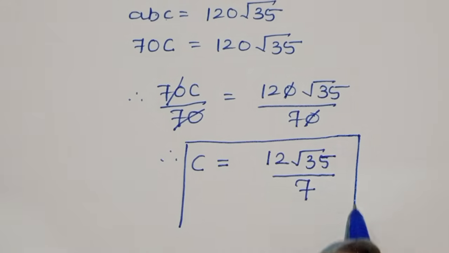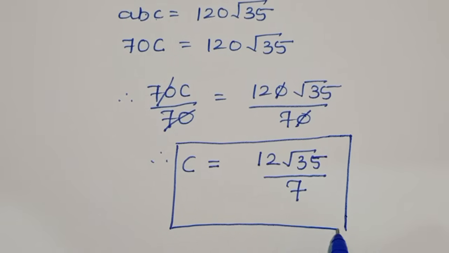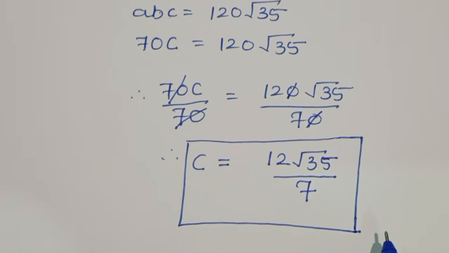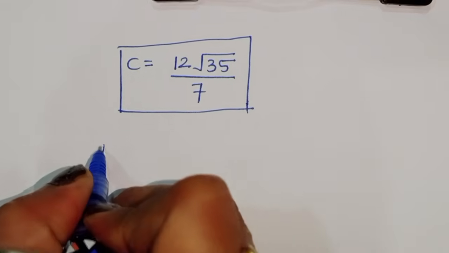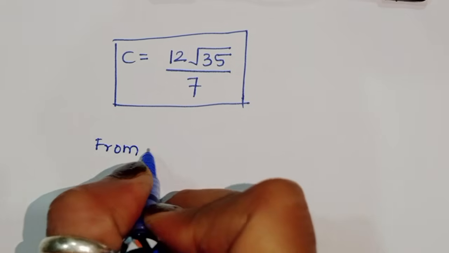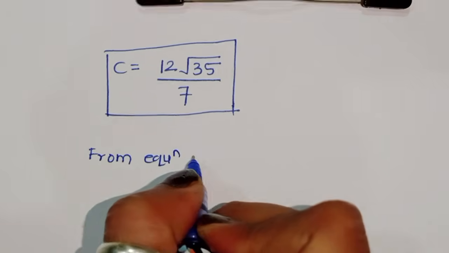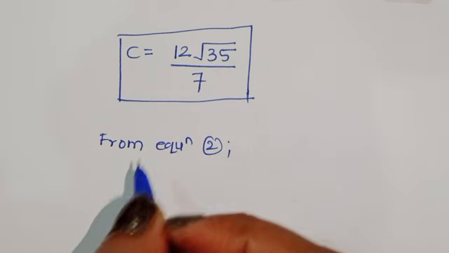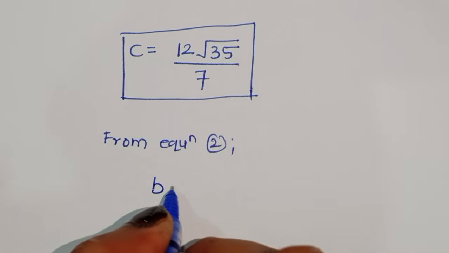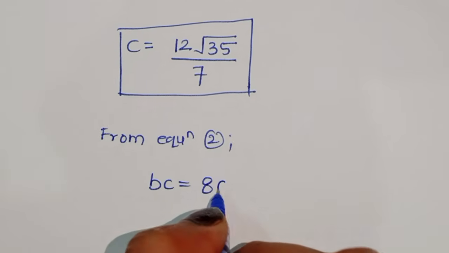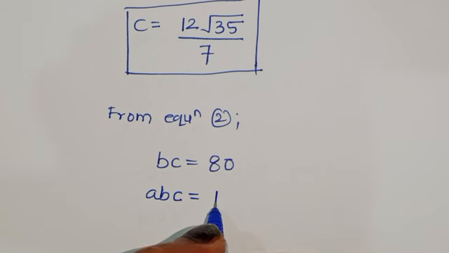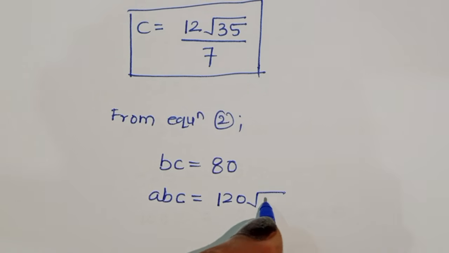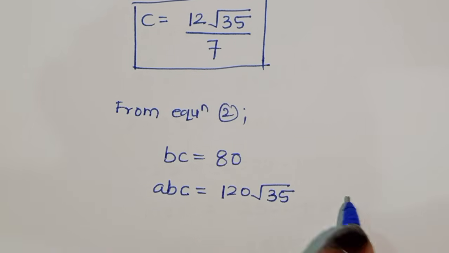Now we have to find out the value of A and B. Now here from equation 2, BC is equal to 80. This is given. And we already got the value of ABC is equal to 120 square root of 35 according to equation 4.